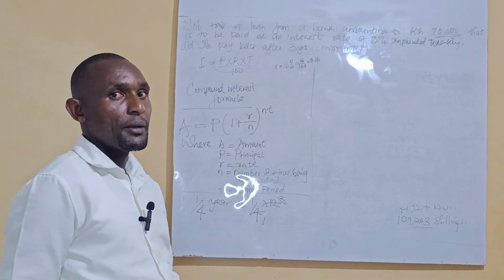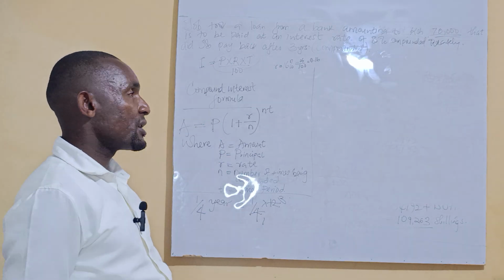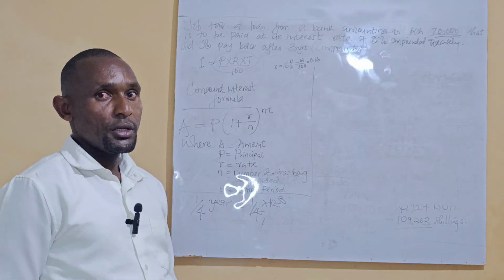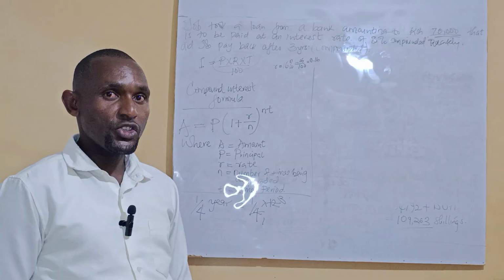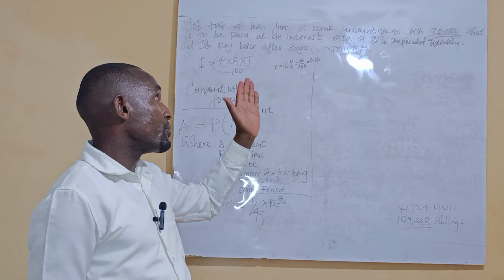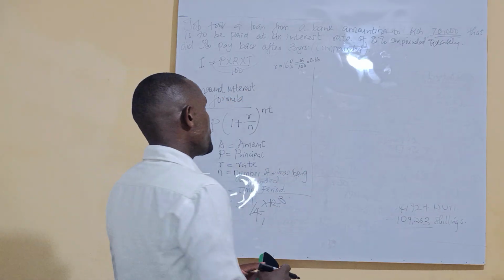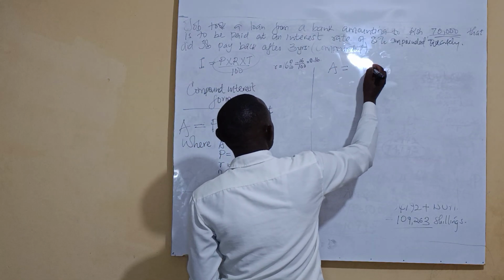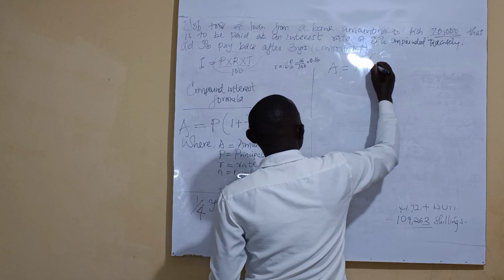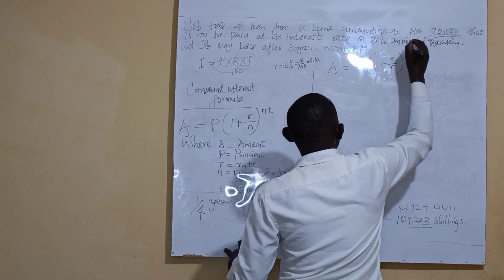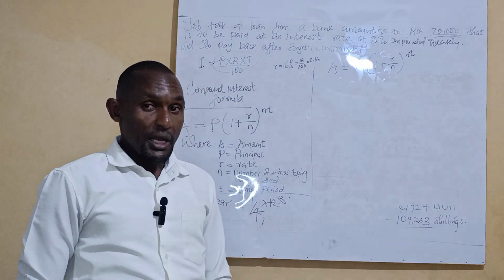Now, using the formula, we are going to use the same values to calculate this question, except that we have now changed the interest rate. It is now being compounded quarterly. Therefore, amount is equal to principal into brackets 1 plus r over n, into brackets nt.